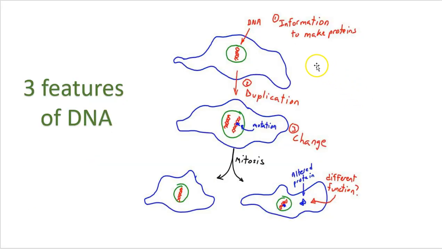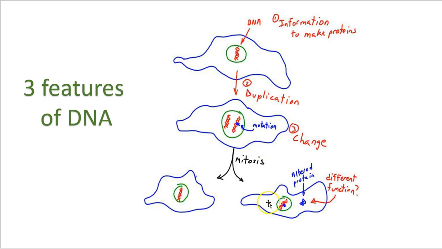DNA must be duplicated so that daughter cells can have a full set of recipes to build proteins. So for complex cells, as well as bacteria, we see the three features of DNA, the characteristics that make it a hereditary molecule: information, duplication, change. DNA stores the information to make proteins. DNA can be duplicated for the purposes of reproduction, and sometimes mutations happen, and that produces change.